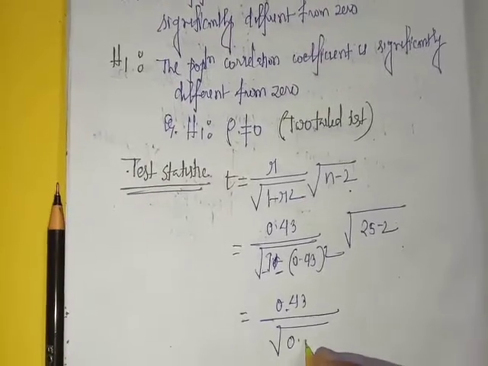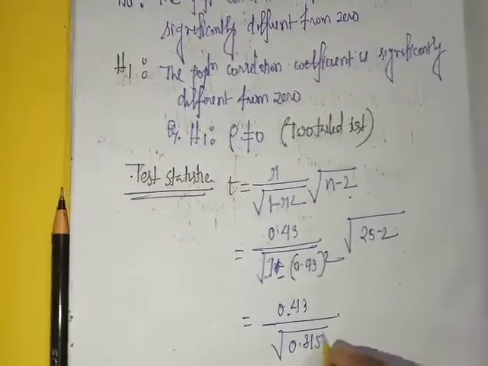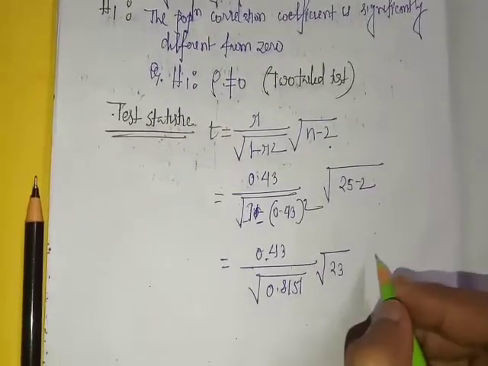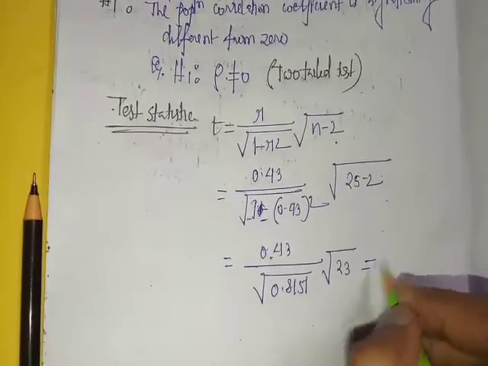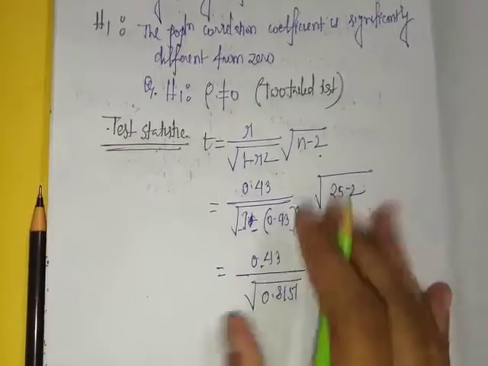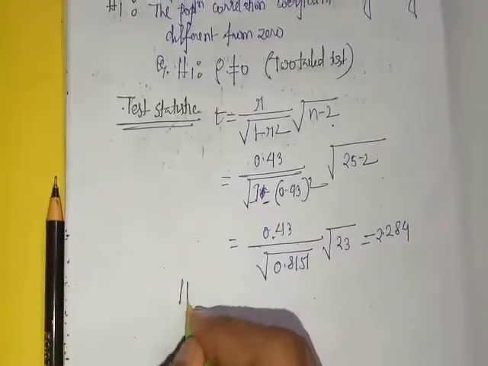After calculation, it is 0.8151 into root over 23. After calculation we get the value of t equal to 2.284. Since this is a two-tailed test, the modulus of t is 2.284.